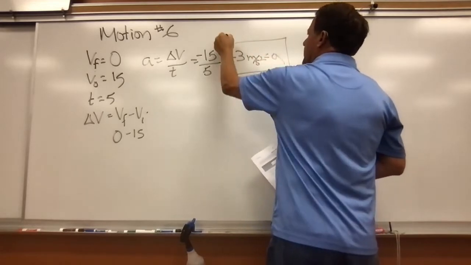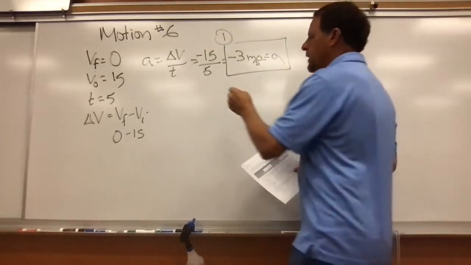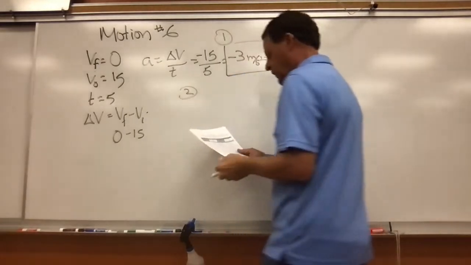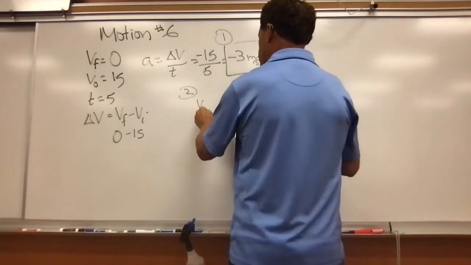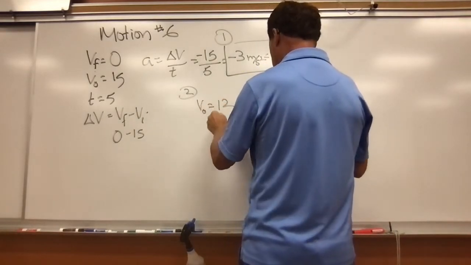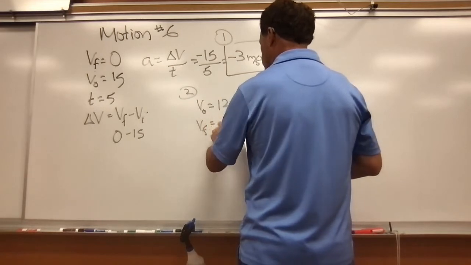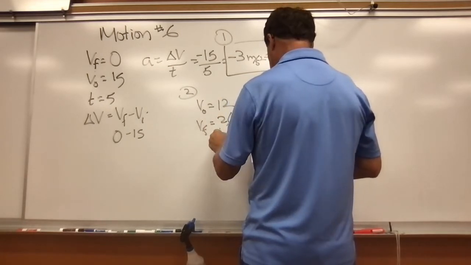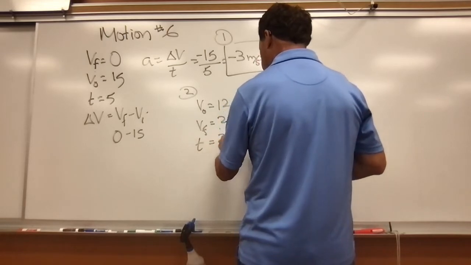So that is our acceleration. That is for number one. All right. So if we're going for number two, a roller coaster at the top of the hill has an initial velocity of 12. It has a final velocity of 26, and that takes a matter of 2 seconds.